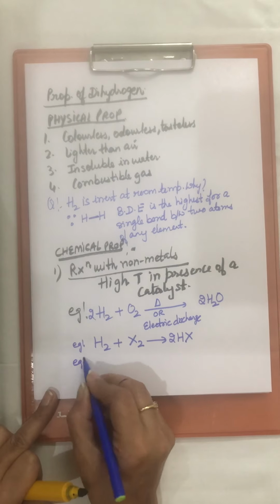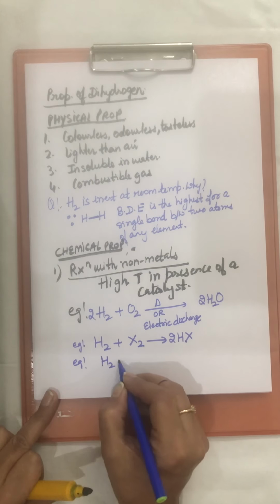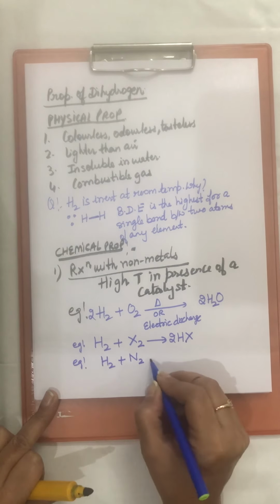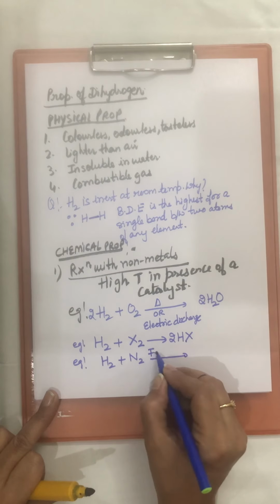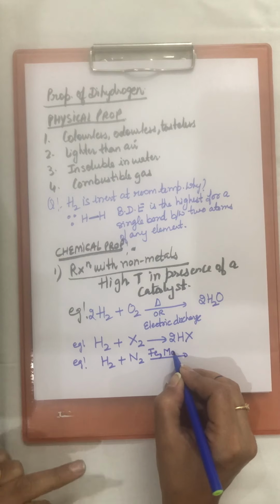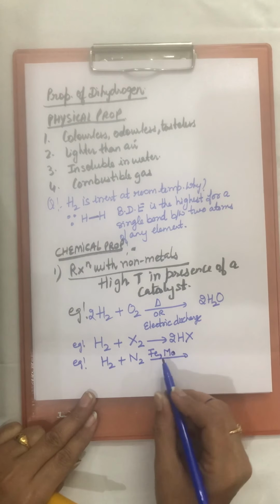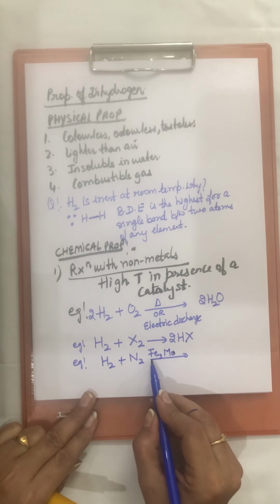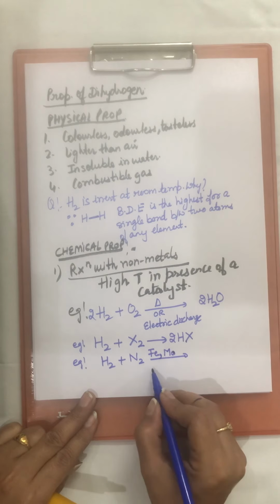Next example is hydrogen also reacts with nitrogen in presence of a catalyst iron. Promoter molybdenum is required here to increase the efficiency of catalyst iron.